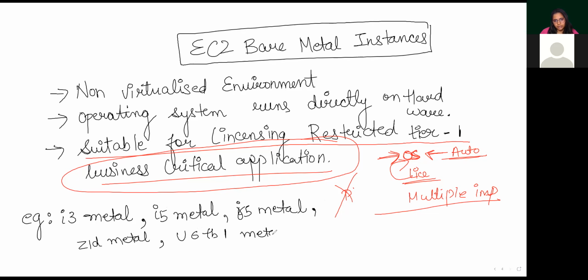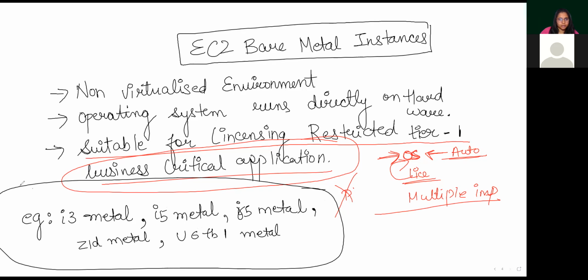These are the options available using which you can create an EC2 bare metal instance. Now, what we have to do is compare two things.